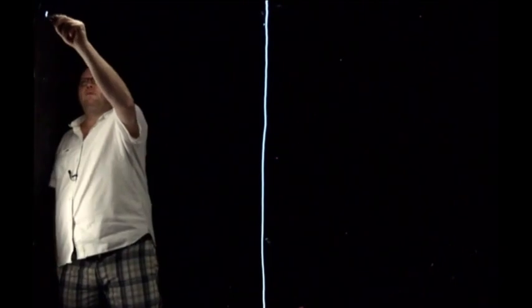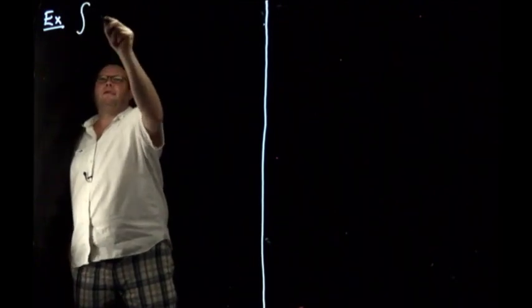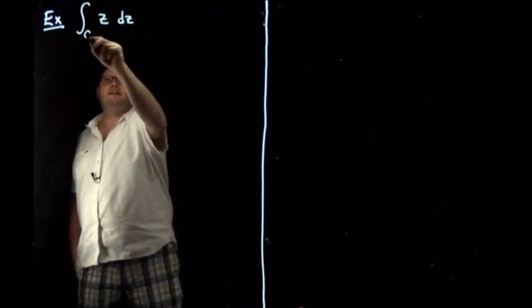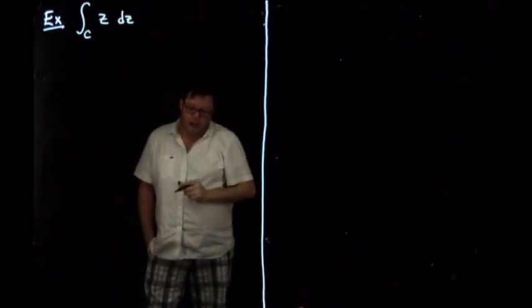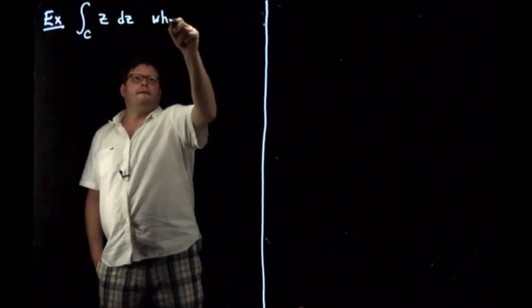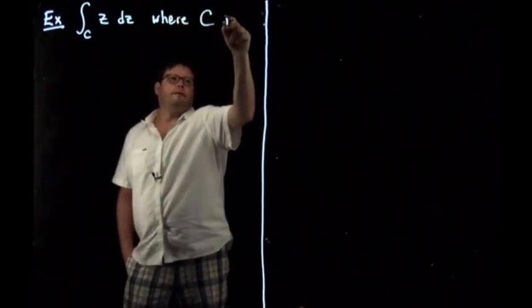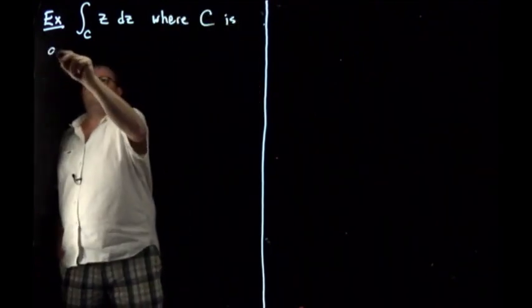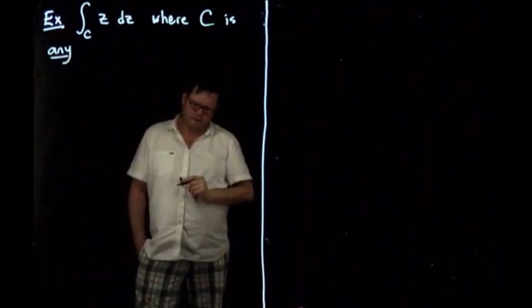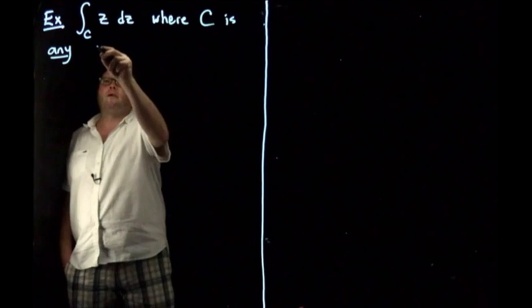In our next example, let me just write it down. We want to integrate the function z with respect to z along C, where C is any smooth curve.